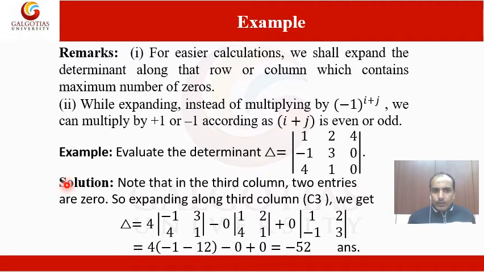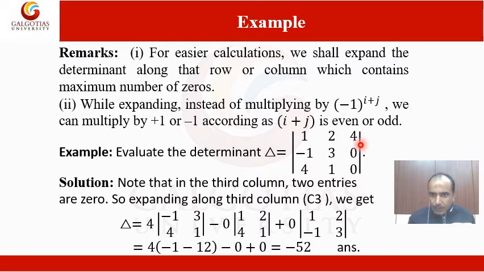Now discuss with an example, and the example is evaluate this determinant. We see in this determinant the column third has maximum zeros and that is 2. So for easier calculation, we expand this determinant along the column third. Now apply the formula of finding the determinant of matrix of order 3.